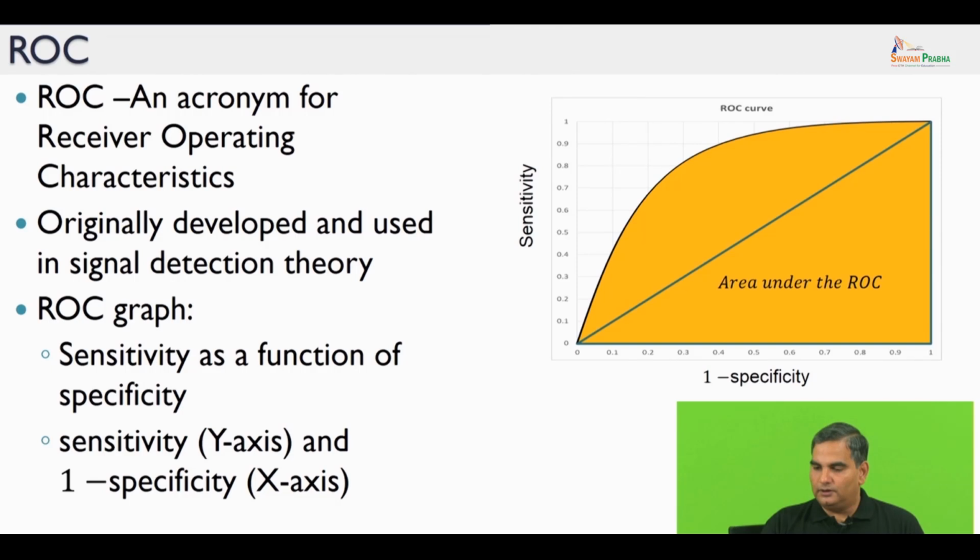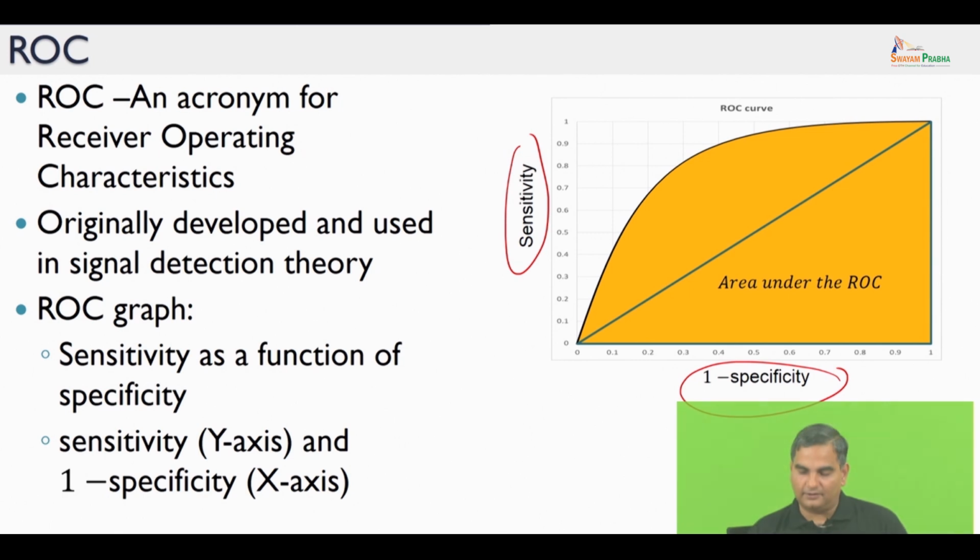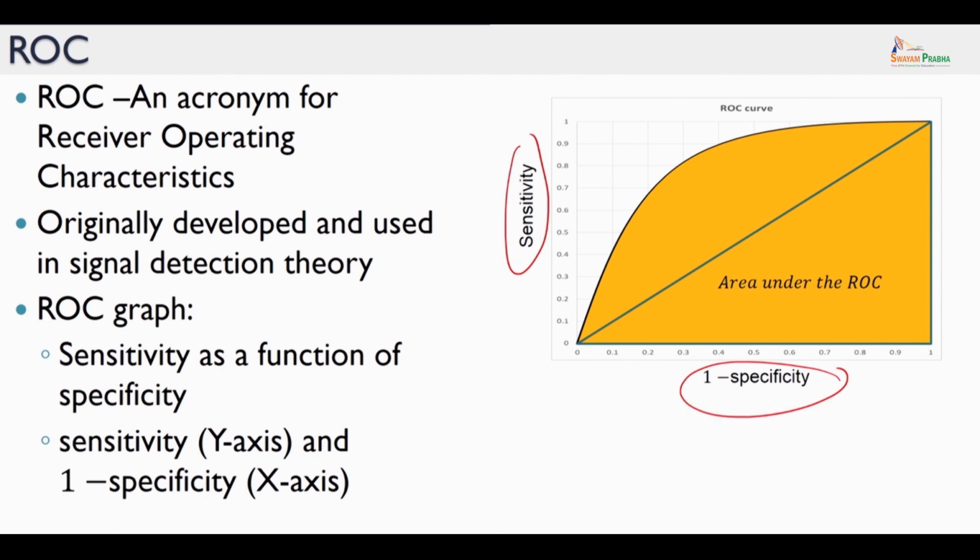The ROC curve is a graph between sensitivity and 1 minus specificity. It is important to notice that this is 1 minus specificity. Clearly, we know that the best value for sensitivity is 1 and the best value for specificity is also 1. So, ideally you want both of these to be 1.